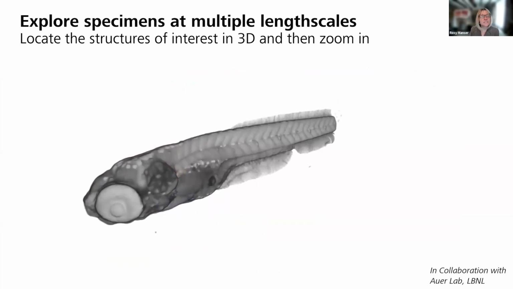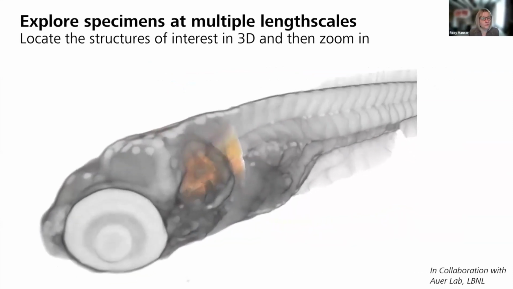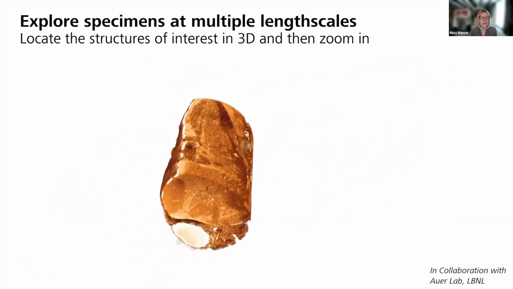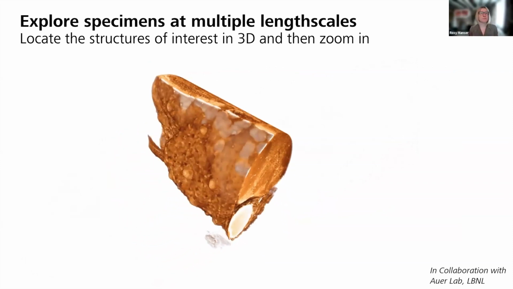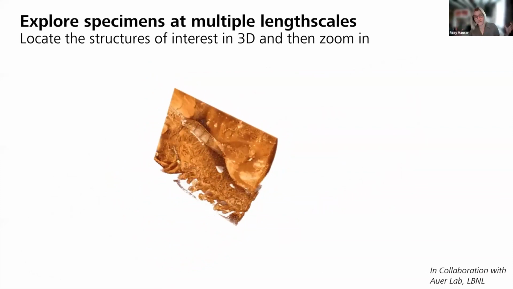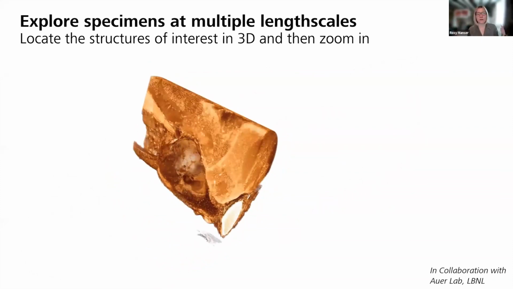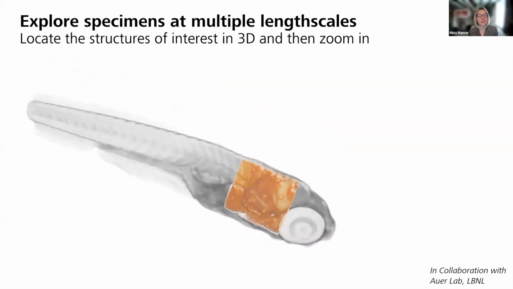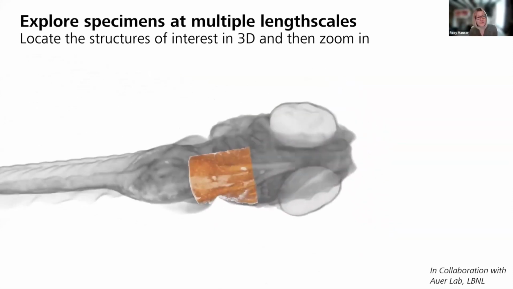These multi-scale workflows really are the reason why the X-ray microscope comes into its own. This is a zebrafish specimen here. Again, if you've used the light microscope, it's quite a familiar workflow. You start by imaging a large field of view, you image the whole fish at lower resolution. You then identify the regions you want to capture at higher resolution, change objective lens and zoom in.